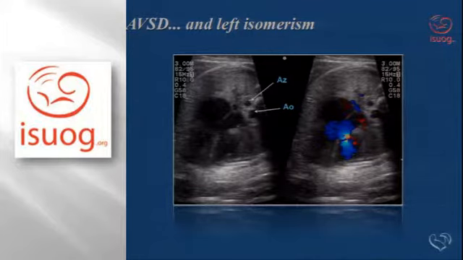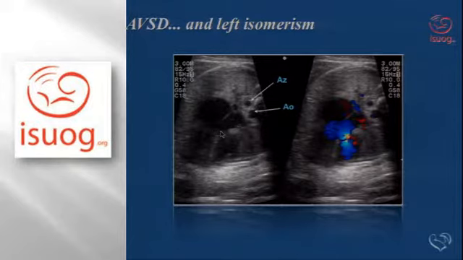And although most isomerism is associated with very complicated abnormalities, you can have, particularly in left isomerism, a heart that is otherwise almost normal in terms of the physiology. This is an example of a case seen by a colleague of mine recently, diagnosed with an atrioventricular septal defect.